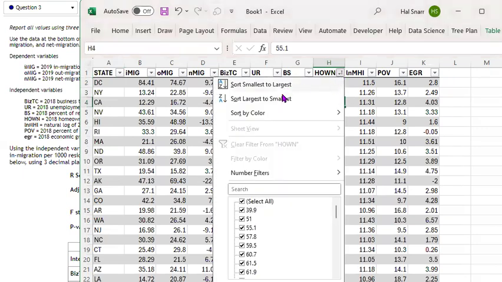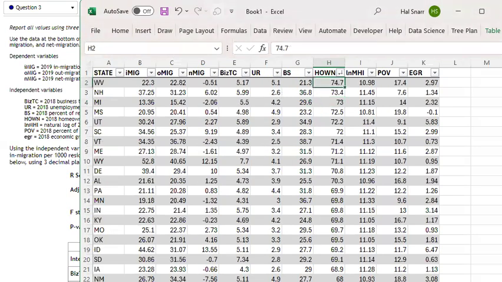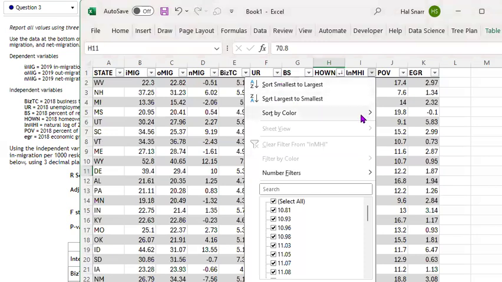The states with the highest homeownership rate are West Virginia, New Hampshire, Michigan, Mississippi, Utah, South Carolina, Vermont, Maine, Wyoming, and Delaware.